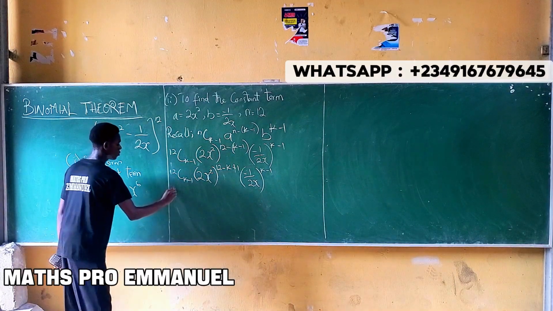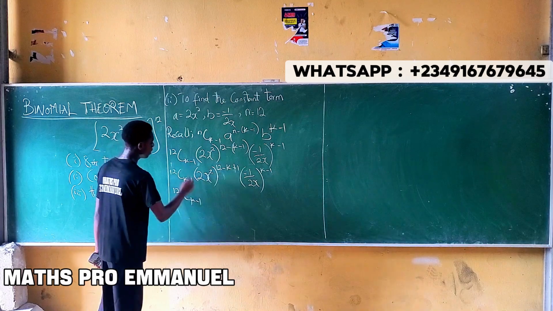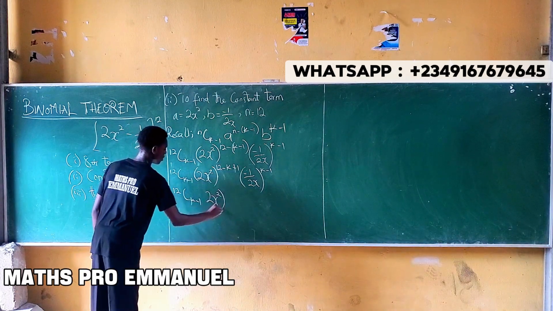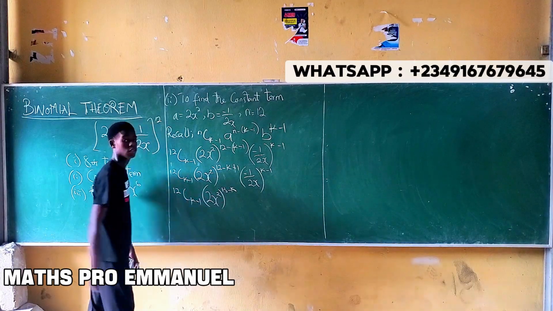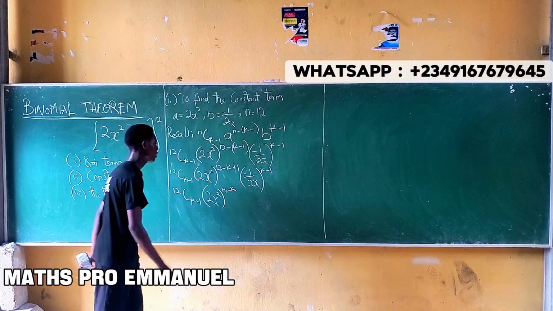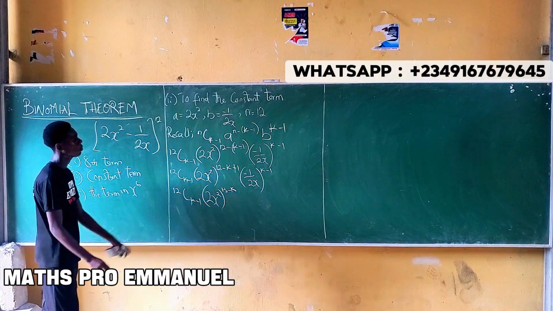So here I'll have 12 combination k minus 1, 2x squared raised to the power of 13 minus k, because 12 plus 1 is 13, then we have minus k. Now, we have minus 1 over 2x all raised to the power of k minus 1.